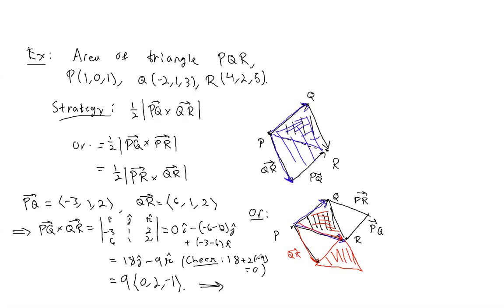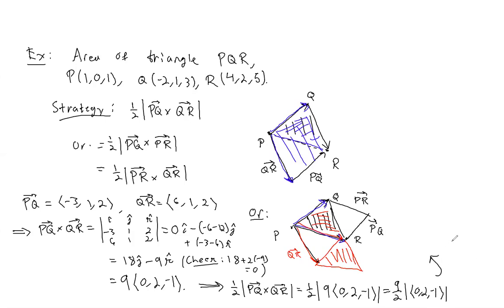What we can say then is that 1/2 times the magnitude of PQ cross QR is 1/2 times the magnitude of 9 times the vector 0, 2, -1, or 9/2 times the magnitude of 0, 2, -1, which just makes our lives a little bit easier.